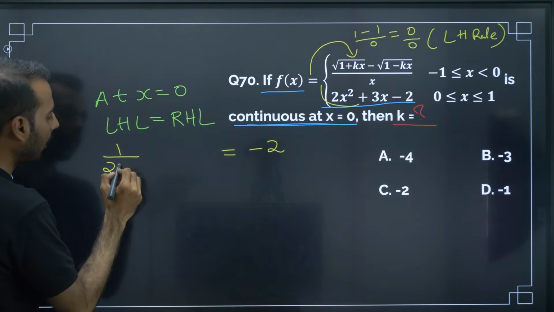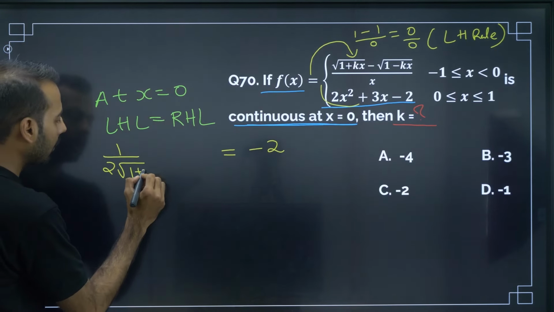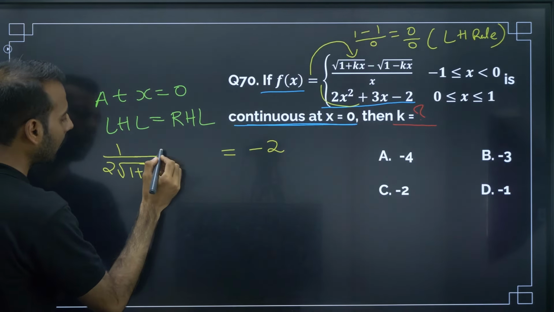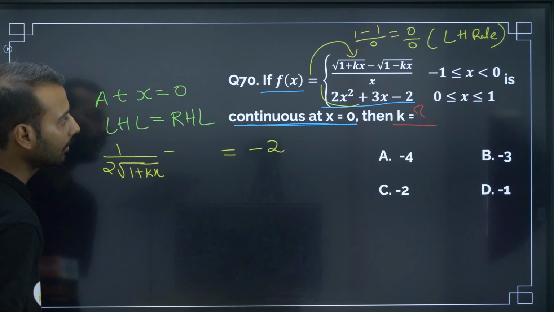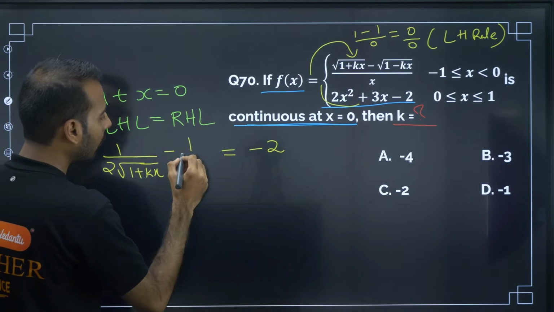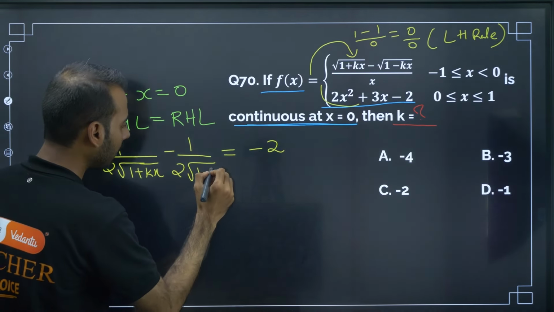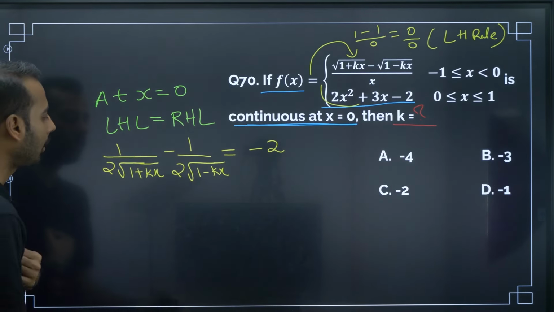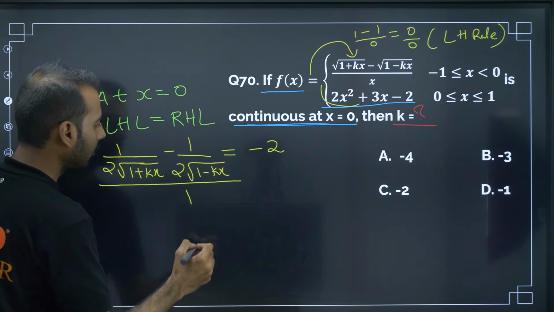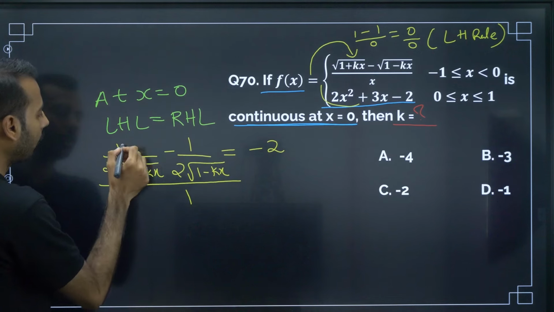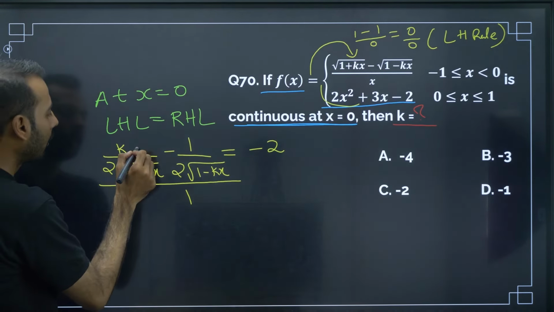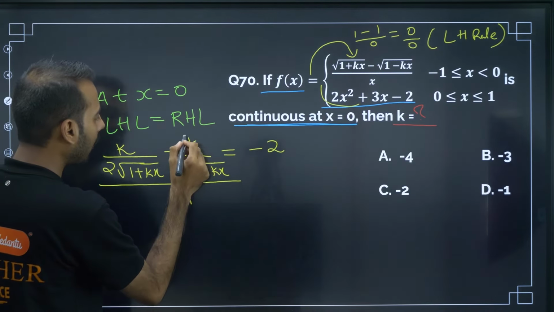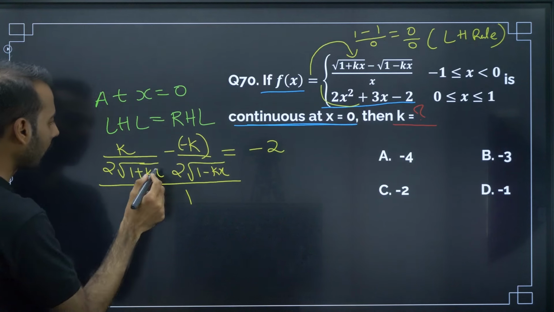So for this, 1 by 2 root 1 plus kx minus 1 by 2 root 1 minus kx, divided by, if I differentiate, this is 1, no problem for this. And if I differentiate the root, I get k, and if I differentiate here, I have to place minus k.